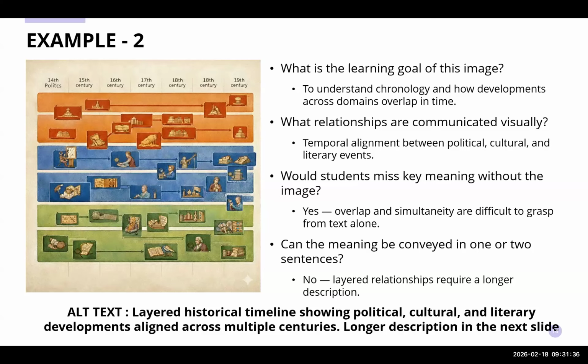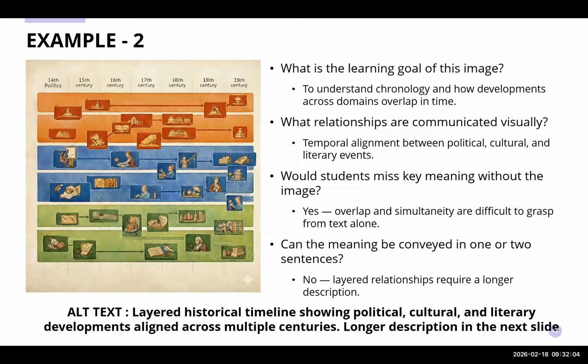because this image has so many layers and dates. So definitely a one sentence alternative text would not explain everything that you want to explain in the layered historical timeline, like political, cultural, or literary developments that are aligned across.